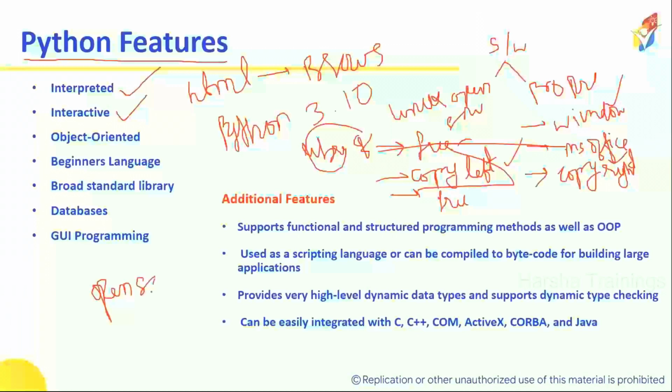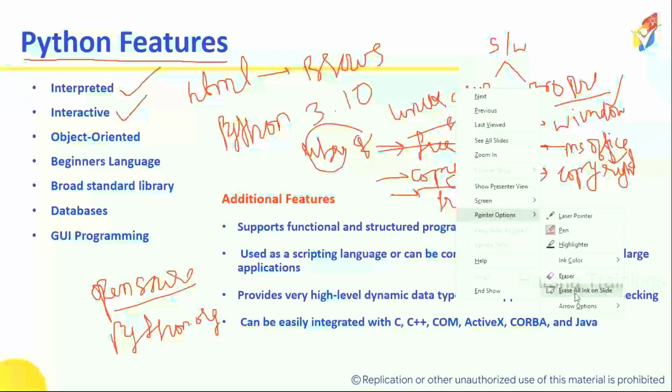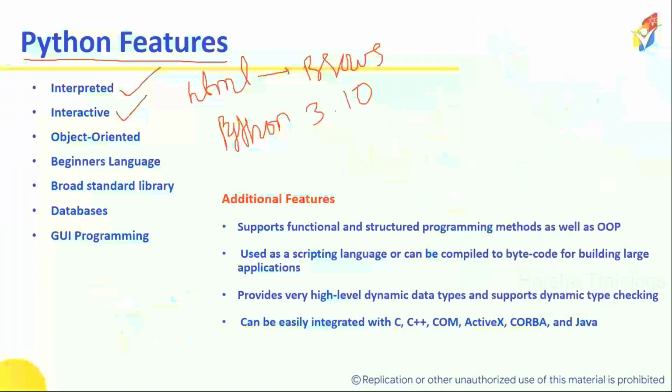You can freely download it from a website called python.org. Directly you can download the software freely. Did you understand what is proprietary software and what is open source software? Kindly note down this simple point, which may be useful for interviews. Clear for you?